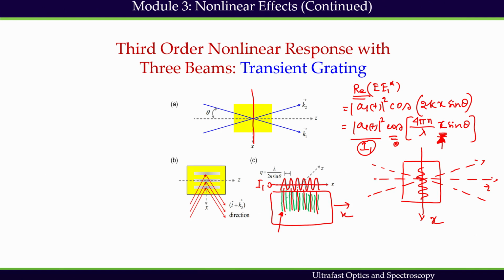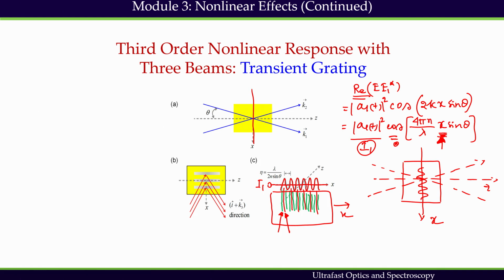On the other hand, these red color positions have high intensity, which means the maximum number of molecules will be excited to the excited state. So effectively, this variation of the intensity along the x-axis will create a variation of the excited state population in the medium. And that excited state population is creating a different refractive index.